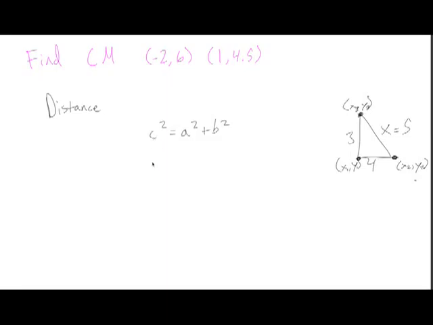I'm going to change this to c is equal to the square root of a squared plus b squared, by squaring both sides. Now I just replace c with d for distance and keep the square root, but a squared is going to change to the difference of the coordinates squared, plus the difference of the coordinates squared.